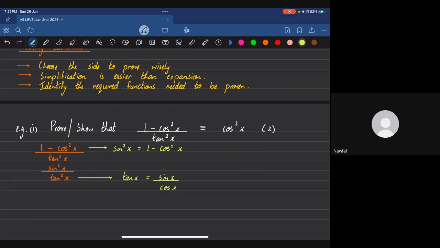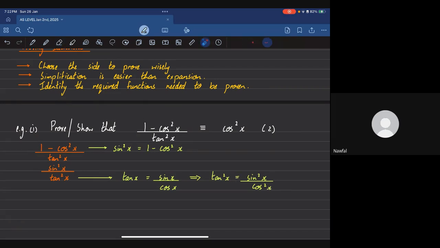But because this is tan square x, everything else will be squared too. So tan square x is equal to sine square x over cos square x. Very simple to do.